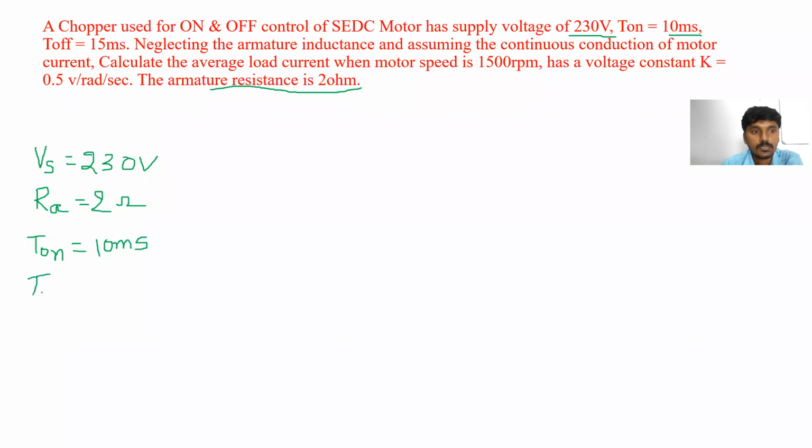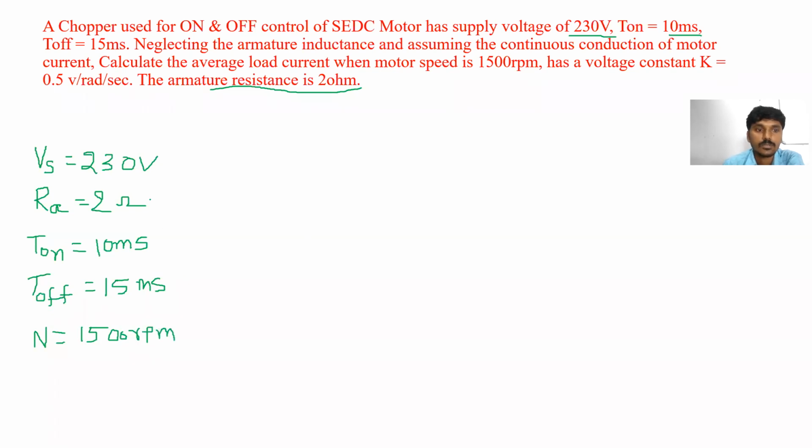Next, T off time is equal to 15 milliseconds. Okay. Next, the motor speed is given. N is equal to 1500 RPM.